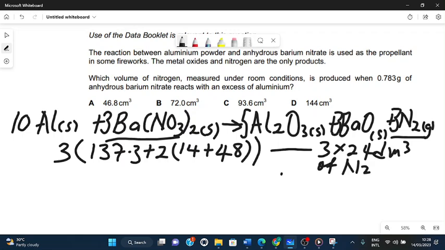So let's pick our calculator and calculate the mass of 3 moles of barium nitrate. I have to use my calculator now.